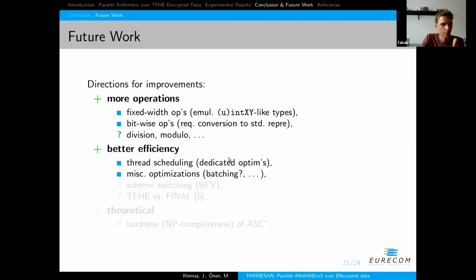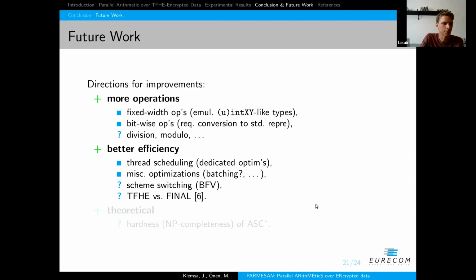The other branch of future direction would be improving the efficiency. So, for example, thread scheduling for some dedicated operations and dedicated optimizations, or some batching technique. We were also thinking of scheme switching using BFV for multiplication.